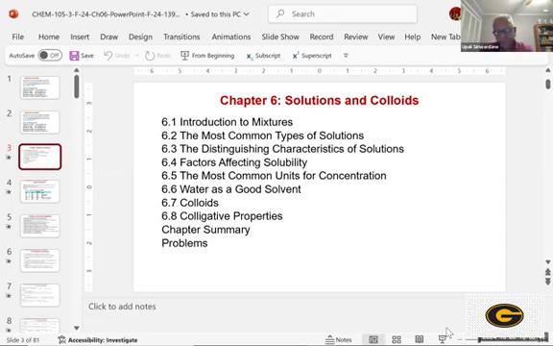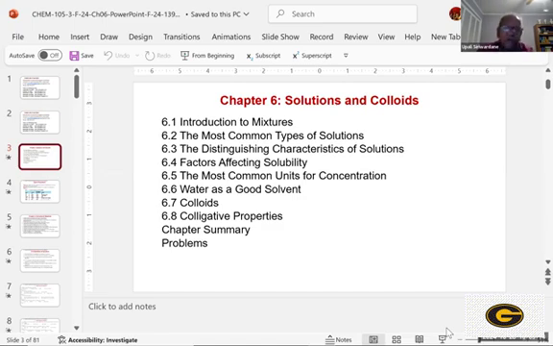Among the solutions, the most important solution is water solution. Water solutions are called aqueous solutions. Water is a good solvent. Therefore, we use it everywhere possible. If a substance is soluble in water, that's the solvent of choice because it's cheaper and abundant.